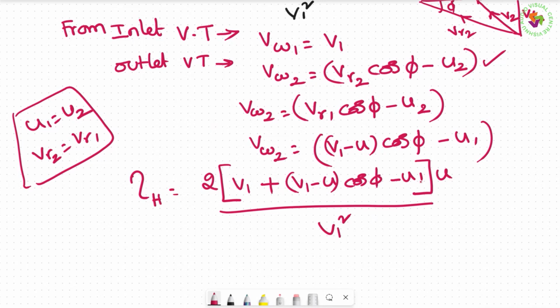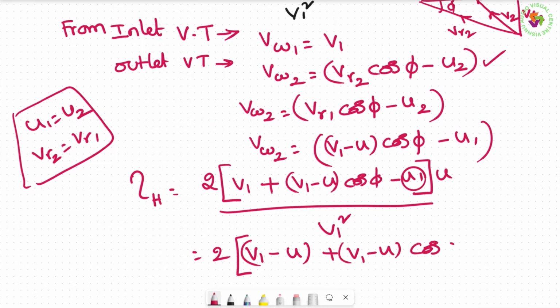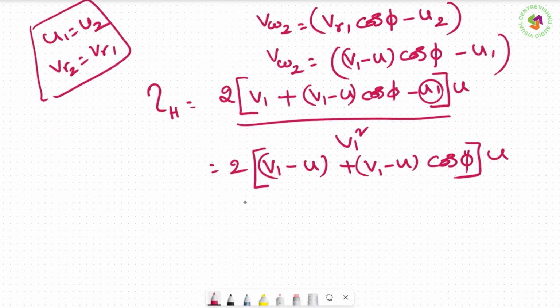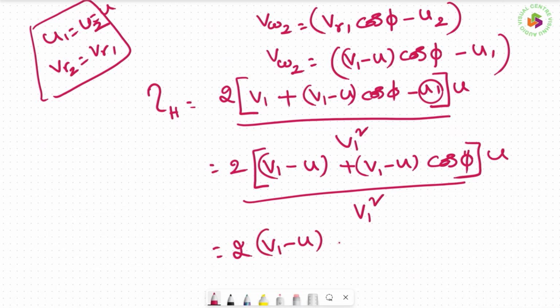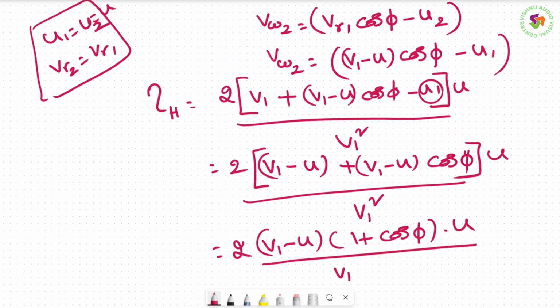U1 is also U, so we can write 2 into [(V1 minus U) plus (V1 minus U) cos phi] into U divided by V1 square, or 2 into (V1 minus U) into (1 plus cos phi) into U divided by V1 square.